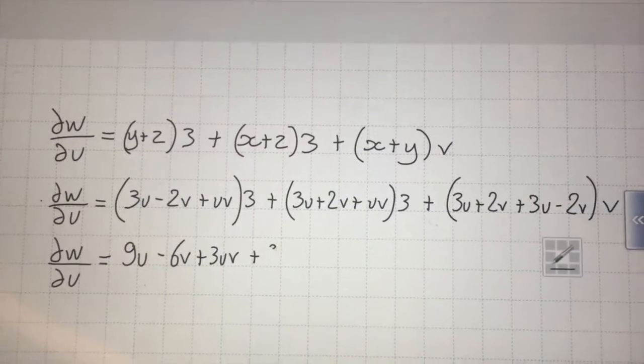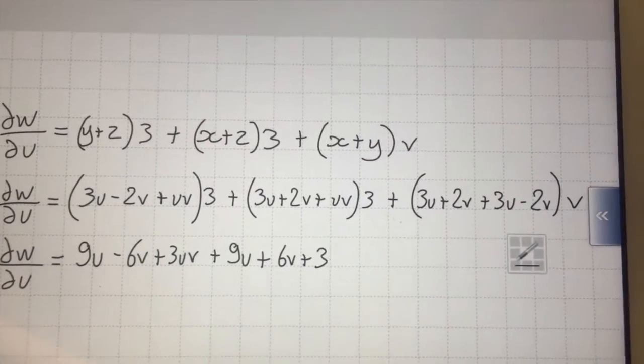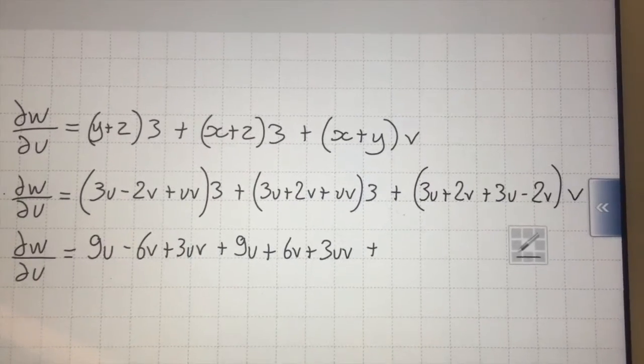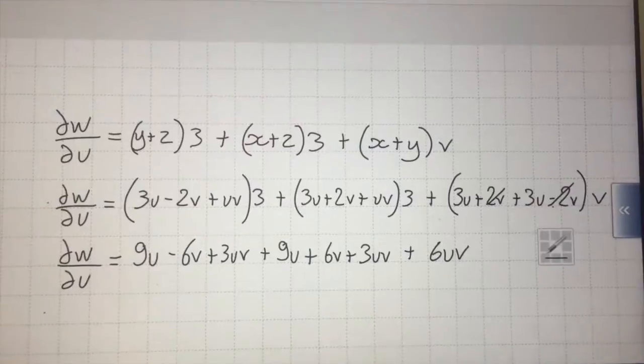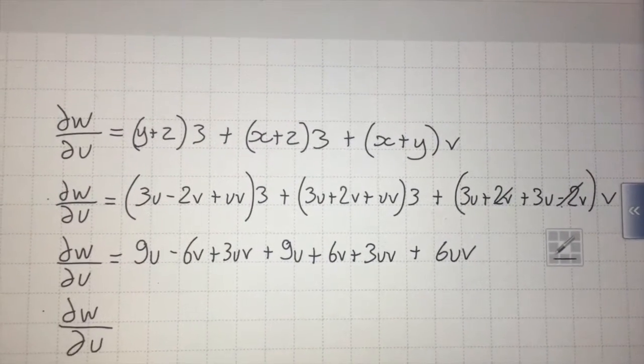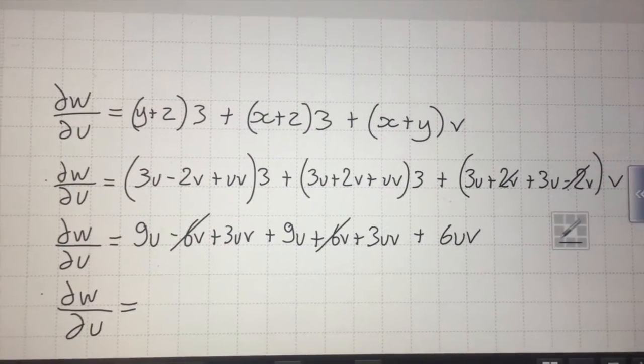So it gives partial derivative of w over partial derivative of u equals 9u minus 6v plus 3uv plus 9u plus 6v plus 3uv plus 6uv.